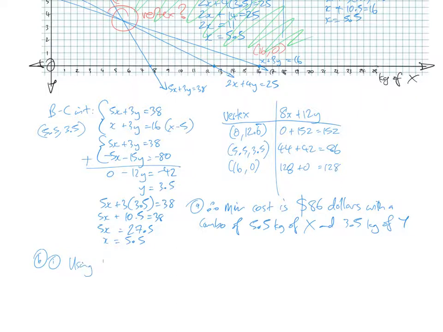Using X only to meet constraints would require 16 kilograms of X for $128.